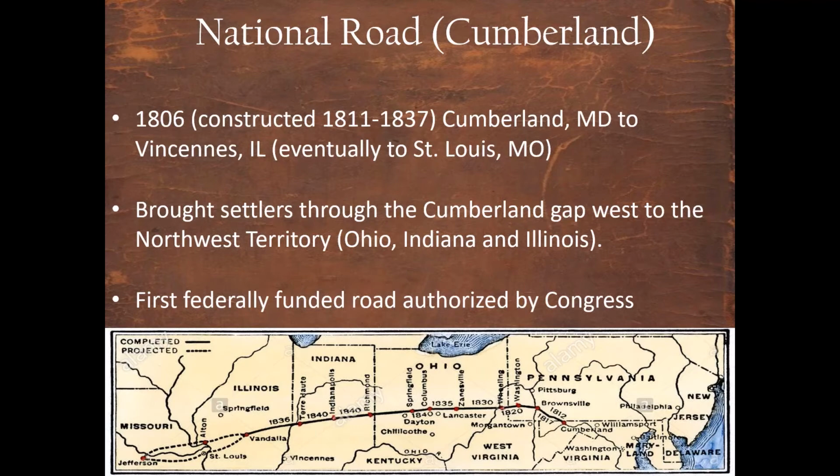Up until that point, it had been a series of short wagon roads. So they're using Braddock's wagon road for part of it. Then they're starting to use those Native American trails to push further west, and they're slowly building as they go along. You can see the route here, and you can see the progress they made.